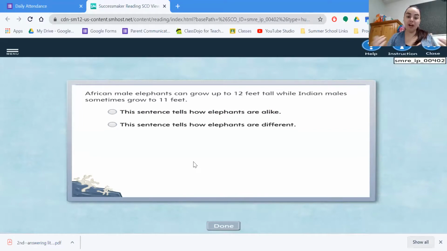When they are contrasting, they usually use words that show the two objects being different. In this one, the word while is telling us, okay, but these are different. These are not the same thing. So we need to put that this sentence tells how elephants are different, for a contrasting sentence.